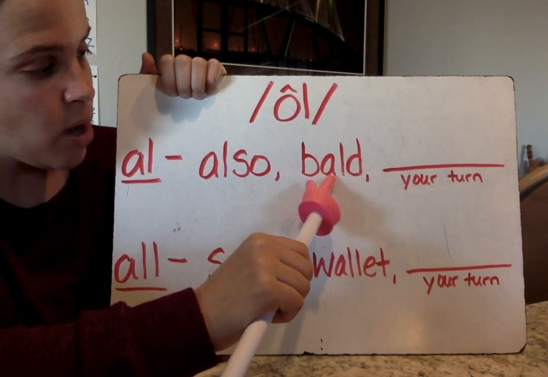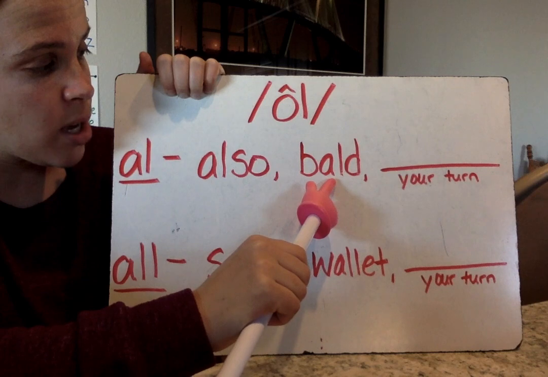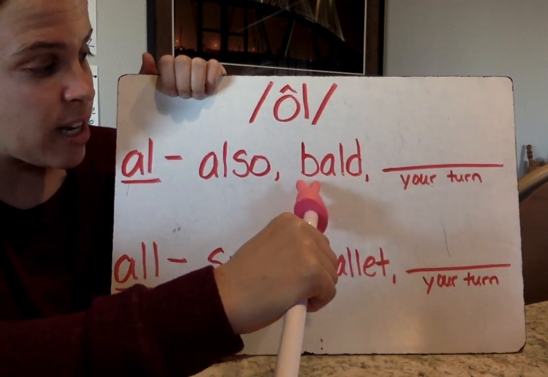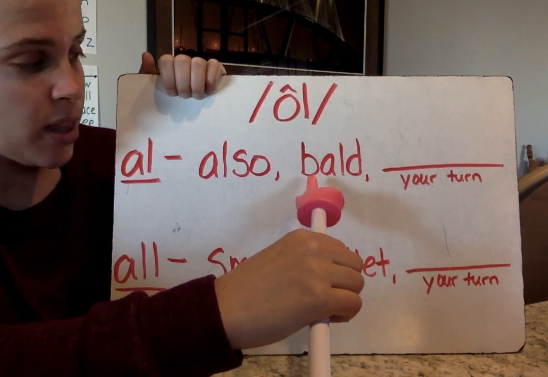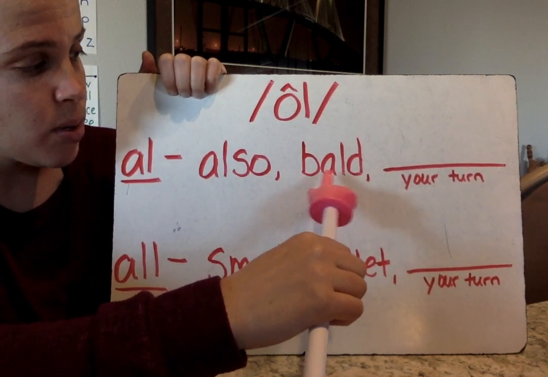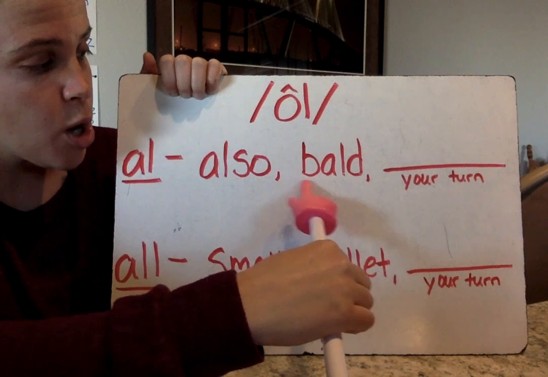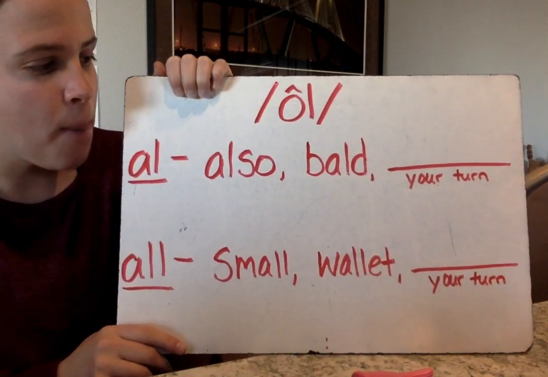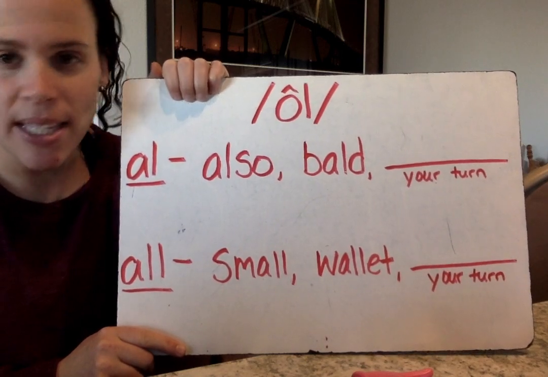Good. Here we go. It's in the middle of a word. Sound, all. Now all you have to do is put the initial sound and ending sound with it. Think. Word, bald. Okay, bald. That bald eagle was soaring in the sky.